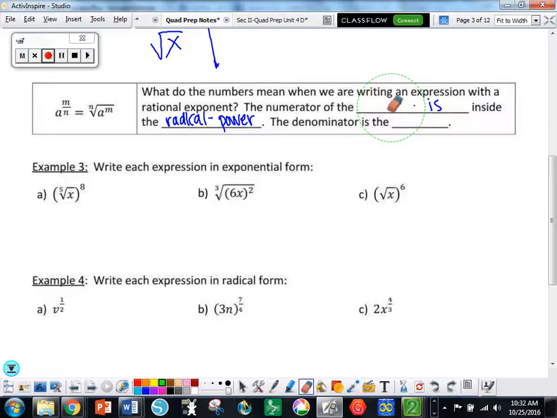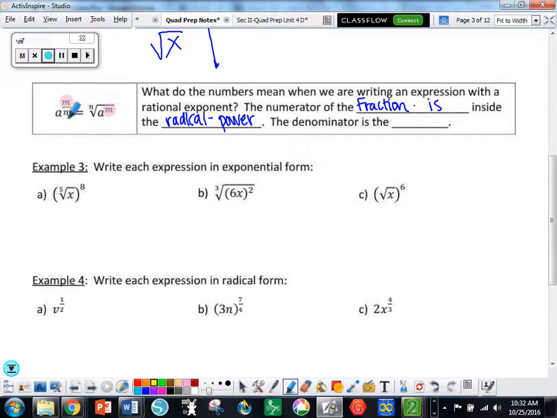I don't think that's supposed to be exponent, I think it's supposed to be fraction. The numerator of the fraction is inside the radical, it's the exponent. Notice that the m right here and the m right here, those are the same number. And honestly, that's something you just have to memorize.